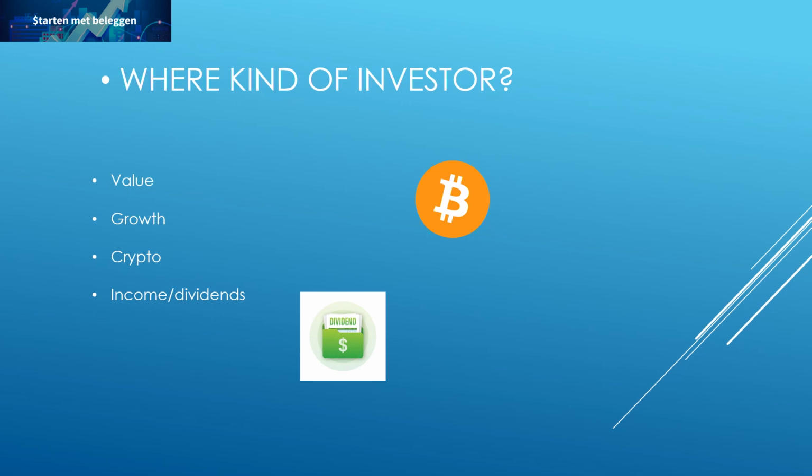This is a nice one. This is something you do need to do if you want to have different kinds of investment to follow. Do you want an investment that's going for value, for growth, for crypto? Me, I like dividends a lot, so I tend to go more to dividends, to a fixed income on a yearly basis.